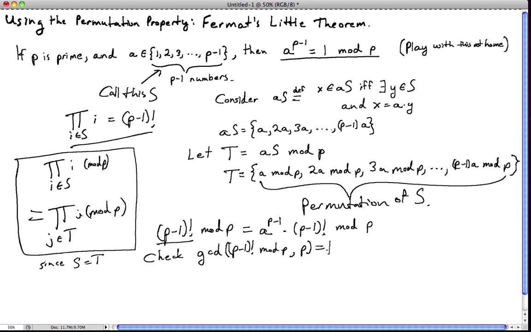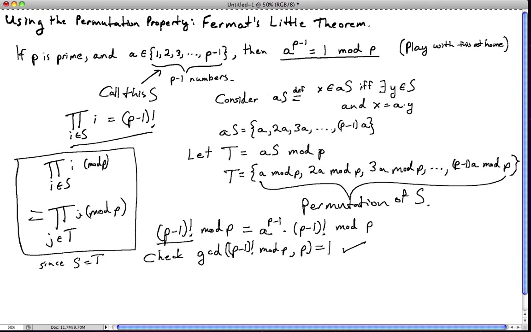But we know that has to be the case. Why? Because p minus 1 factorial only has those numbers as factors which are less than p, but p is prime. So it's relatively prime to all numbers less than it. So just multiplying together a bunch of numbers that are relatively prime to p doesn't make a new number that's a multiple of p. So this is in fact true.